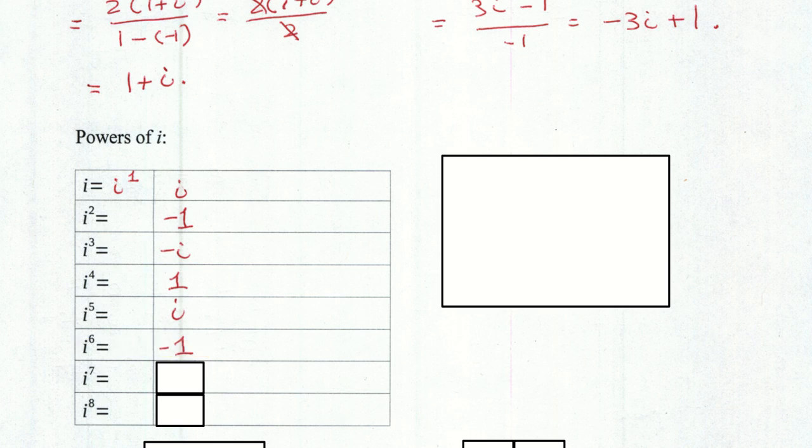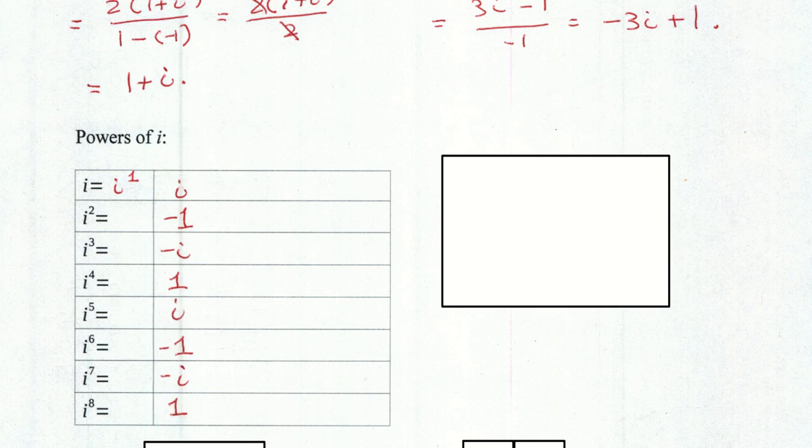That's going to give us i to the 7th on the left side, and i to the 7th equals a negative 1 times an i. Yep, there it is, negative i. And then if we take that equation and multiply both sides by i, guess what? We get back to 1. So that message does repeat. That pattern does hold: i, negative 1, negative i, 1. And then again, i, negative 1, negative i, 1.